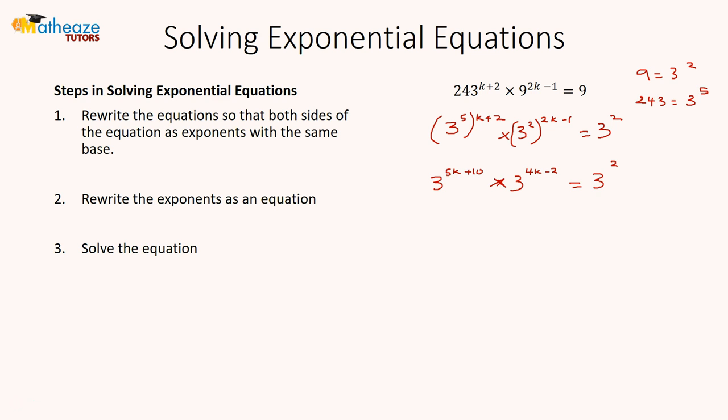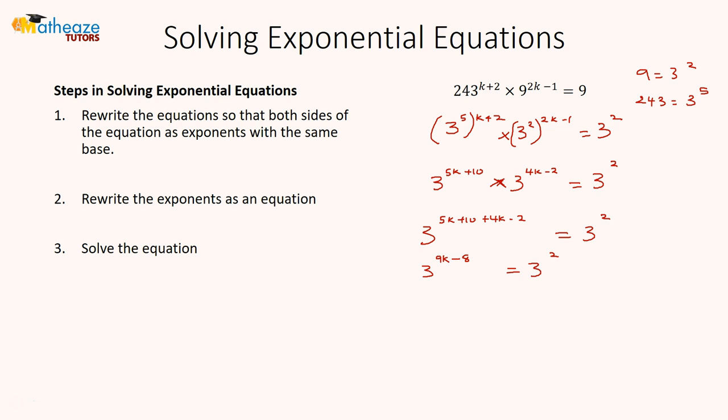So this is going to be 3 to the power of 5k plus 10 plus 4k minus 2 equal to 3 to the power of 2. So we have 3 to the power of 5k plus 4k, 9k, 10 minus 2, 8, equal to 3 to the power of 2.